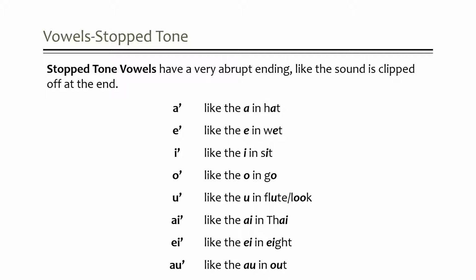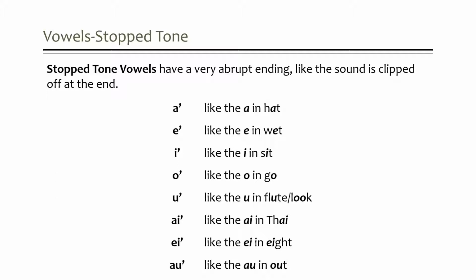Our next one like the letter O in the word go. The next one's a little more tricky. Sometimes it sounds more like the U in the word flute. Other times it sounds more like the double O in the word look. So I'll pronounce it like this.